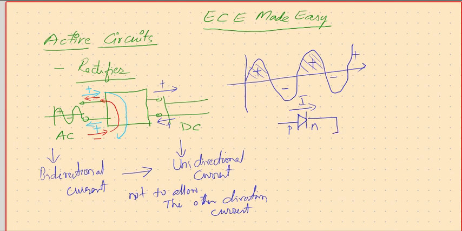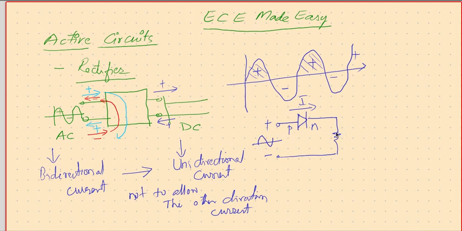So if you have a circuit like this and you apply an alternating current, then the PN junction will allow current to flow only when the applied potential is positive, that is, only positive cycles.